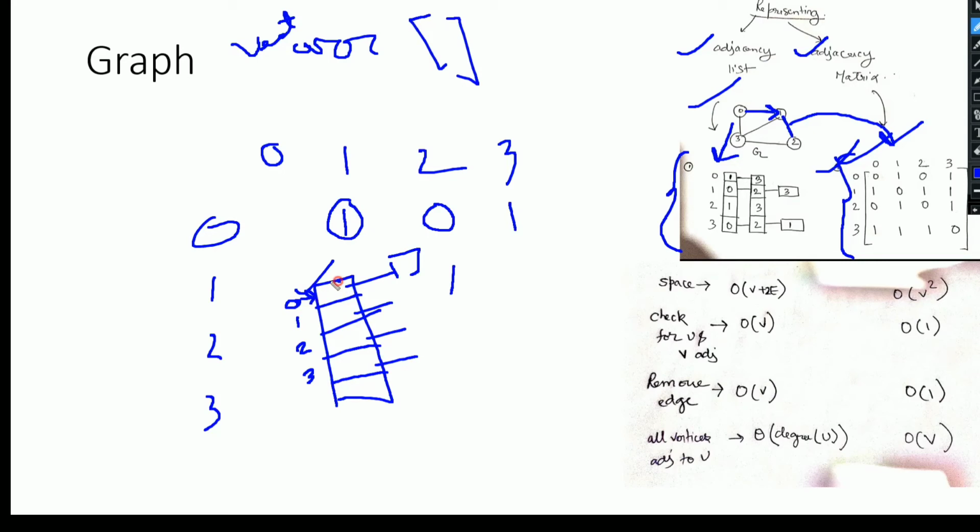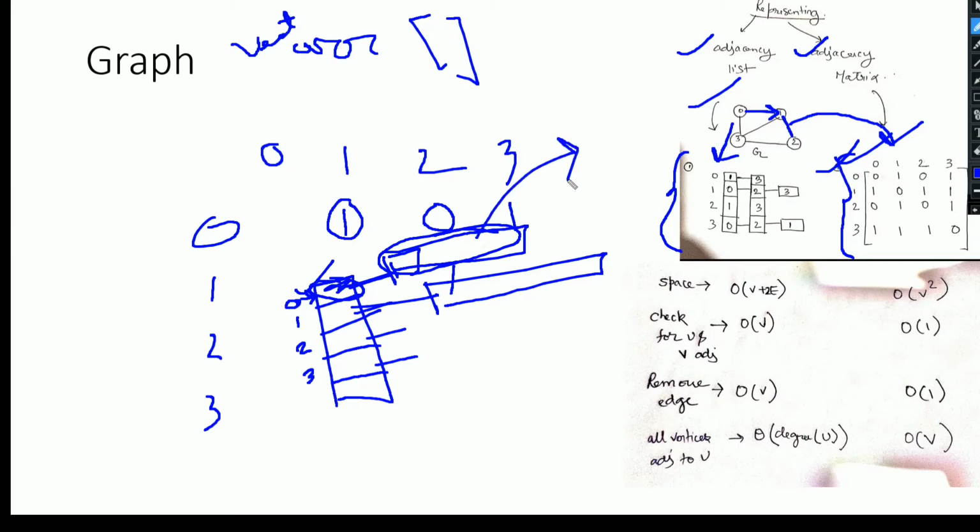Now inside this array, as this is a vector array, we'll have a vector inside each cell, and inside this vector we will contain those vertices which are connected to 0.